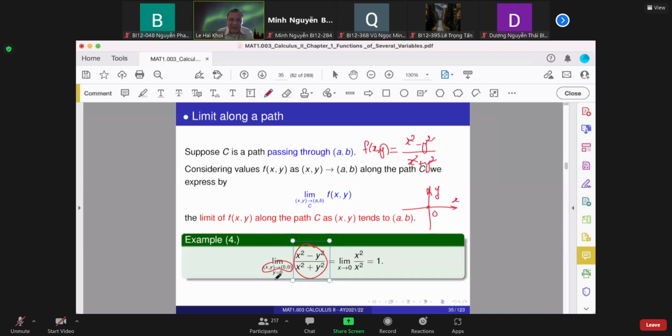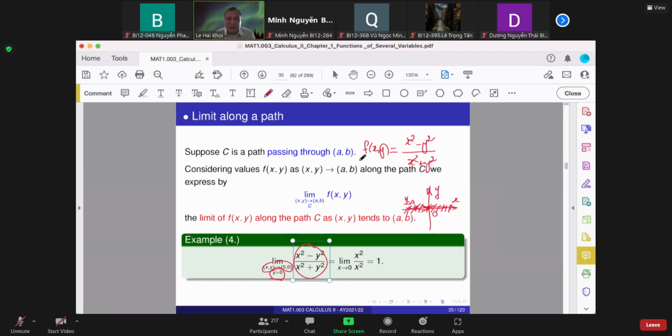And the second, not any way, but along only y equal to 0, which means that this is the x-axis. So you should have x tend to 0 on this x-axis, if the limit exists.